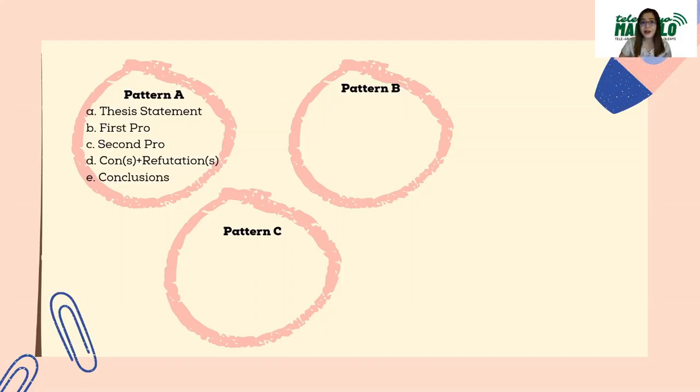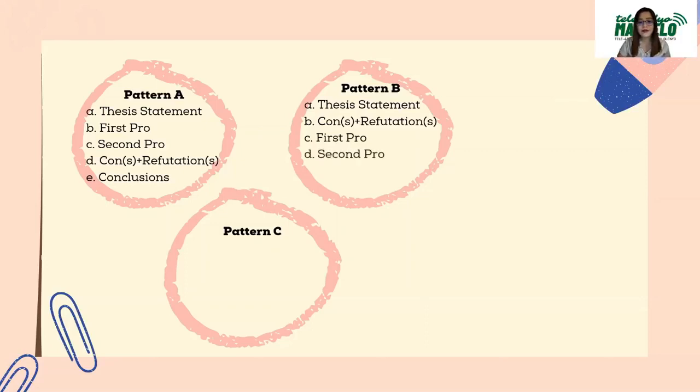Now let's have pattern B. For pattern B, we also have the thesis statement as our topic sentence, followed by the cons or the opposing ideas plus our refutations, and then first pro or supporting idea, and then second set of supporting ideas, and lastly is the conclusion.